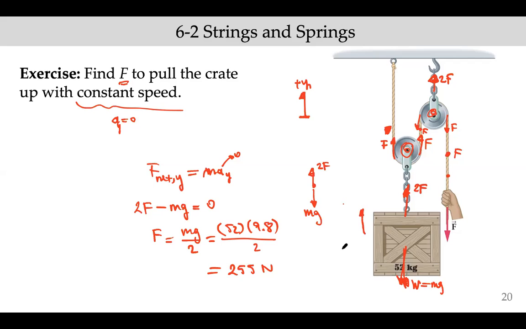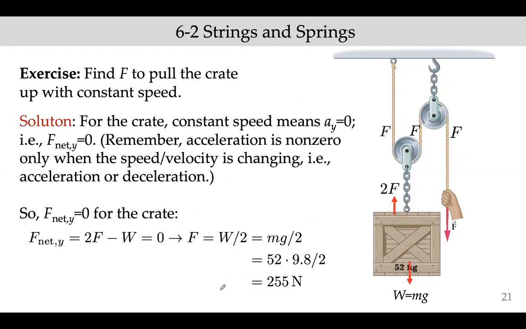It will not have an acceleration. But if you pull it, let's say 256, more than 255, then this crate will actually accelerate in the up direction. So this is basically the force that's needed for zero acceleration, which means constant speed. Okay, let's continue.